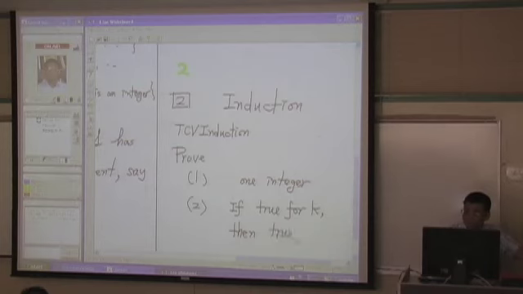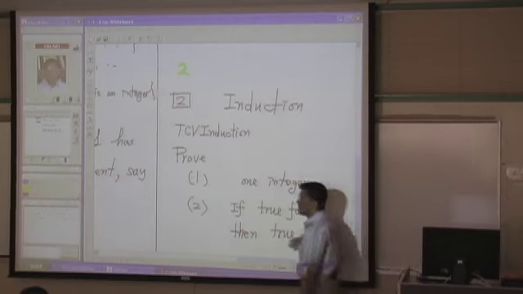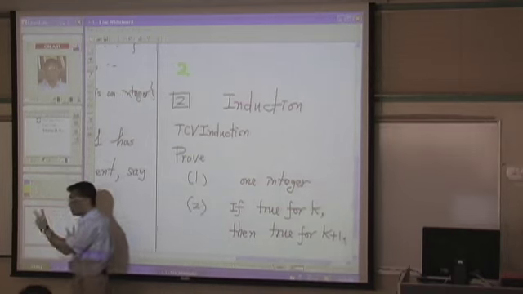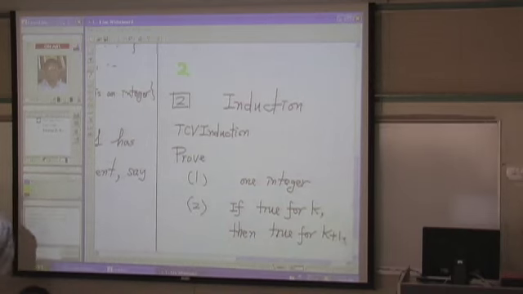It is true for the next number, k plus 1. So if you show these two steps, then you can say, by mathematical induction, you proved it. So there are two steps required. So in this sense, it is way easier than a proof by contradiction. If you use a proof by contradiction, you should find your own way. But in this case, it's very routine.